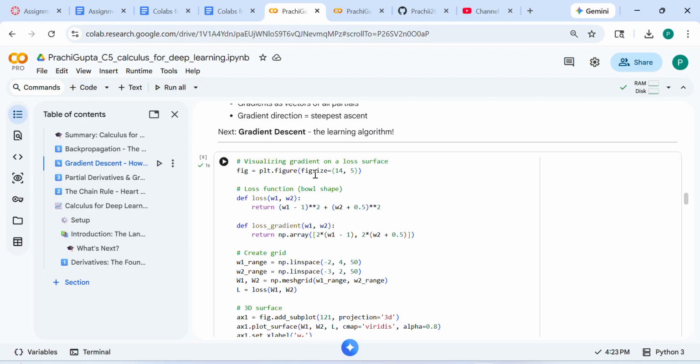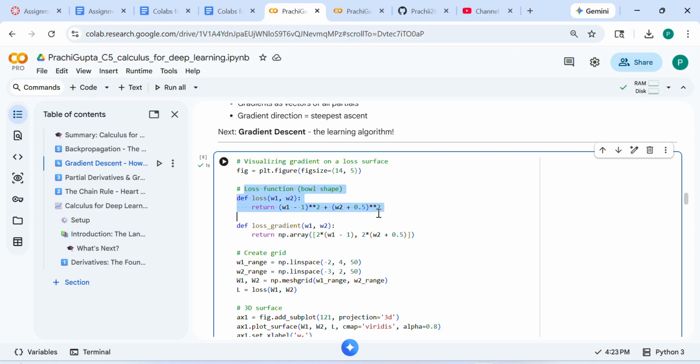Now we will visualize the gradient on a loss surface. This cell defines a 2D loss function shaped like a bowl.